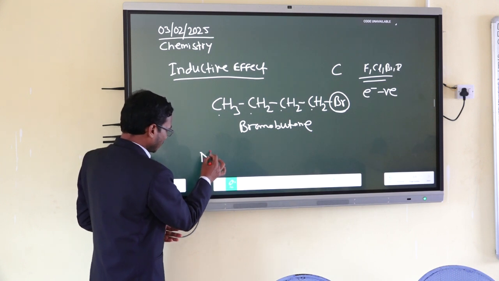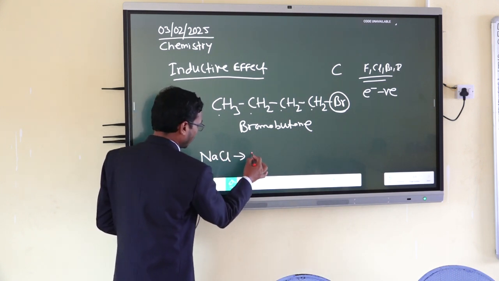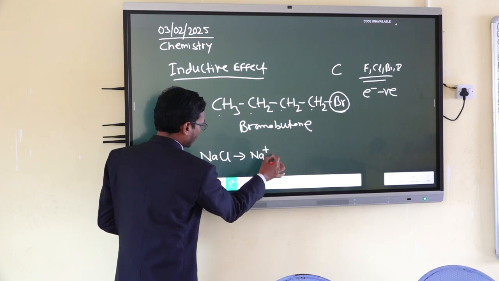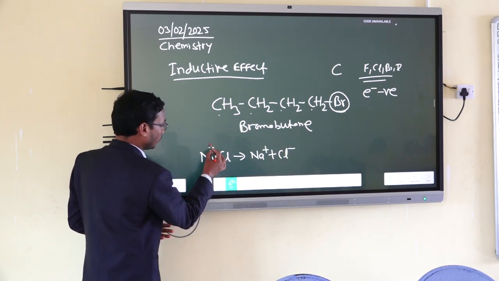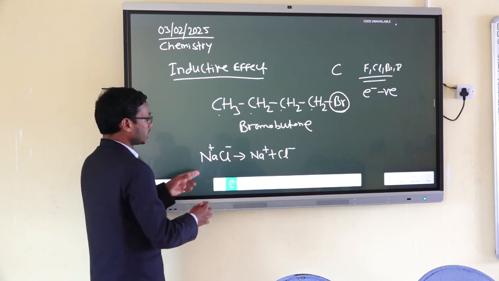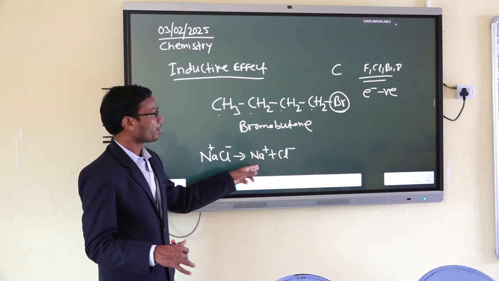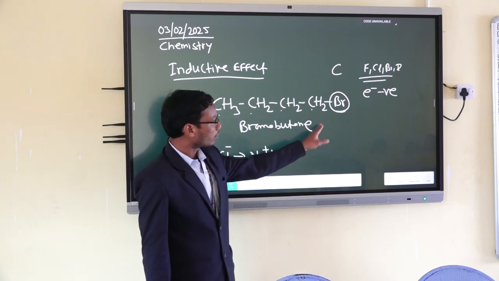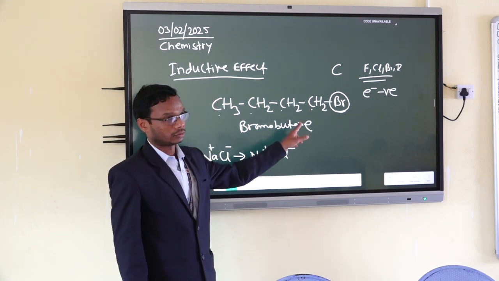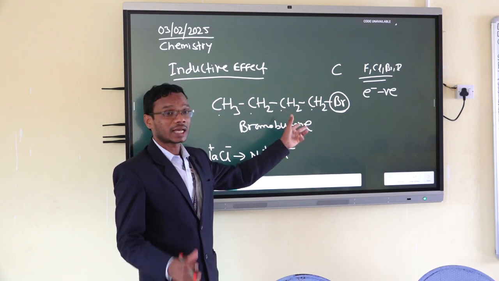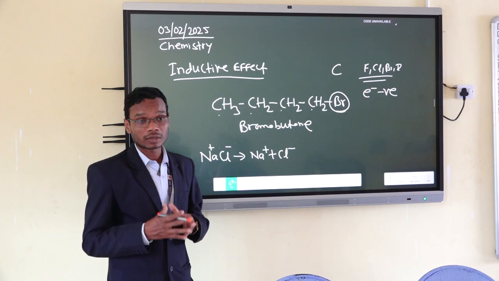In general, NaCl, when it breaks, forms Na plus and Cl minus. This is for ionic bond by loss or gain of electron. But in this organic compound, there is no loss or gain of electron. There is sharing of electron, which means it is a covalent bond.